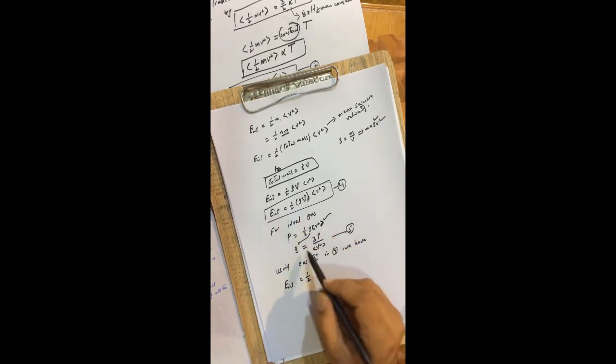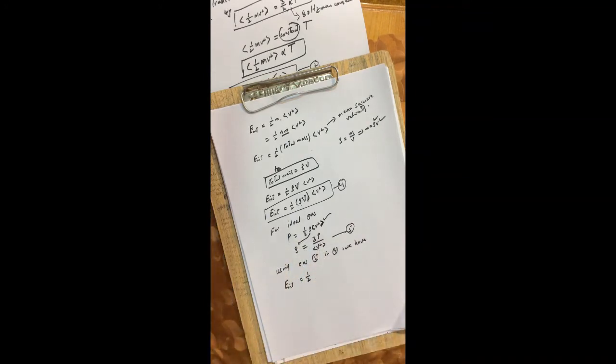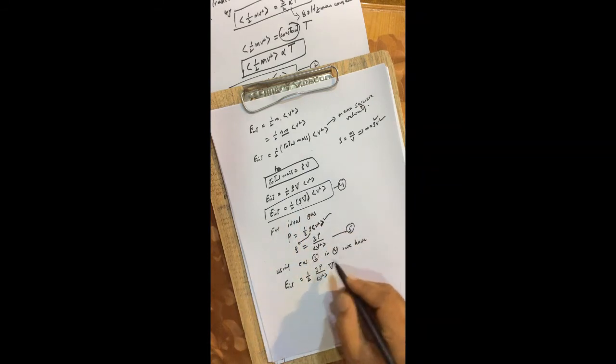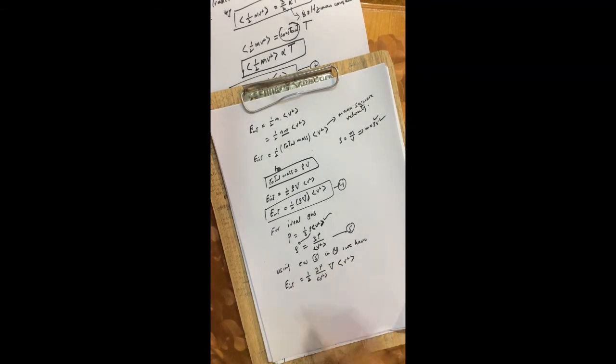Now we have this density, so instead of density I will put 3p over v square mean, and we have this volume, and then we have v square mean, or the mean square velocity. So the mean square velocity cancels with this one, and we have the internal energy which is equal to 3 over 2 PV.